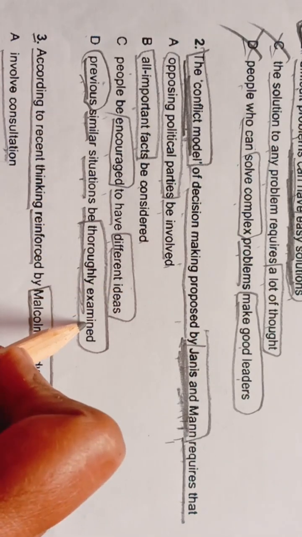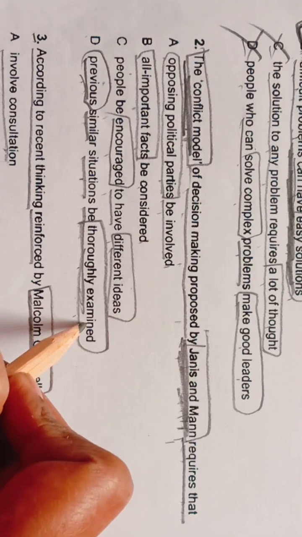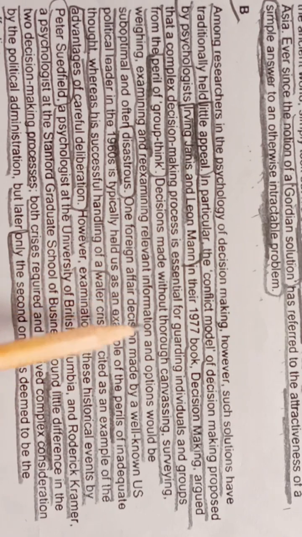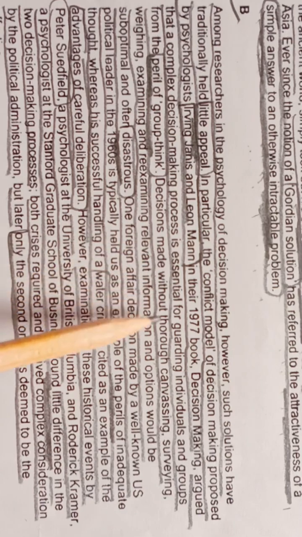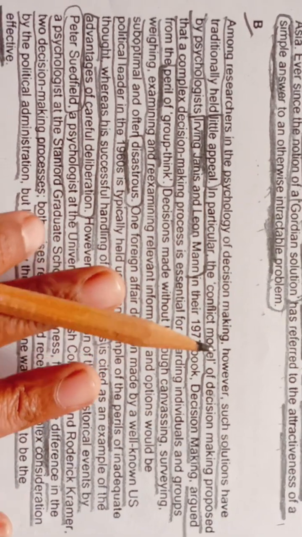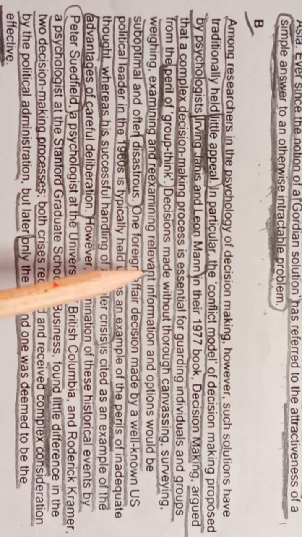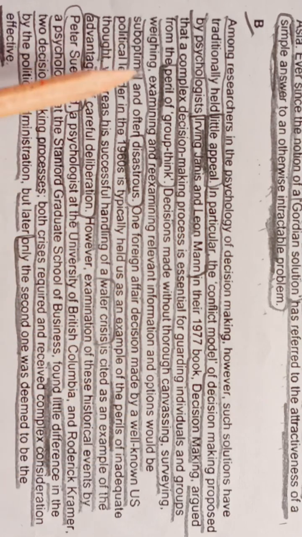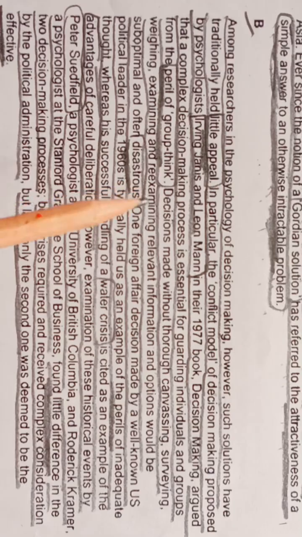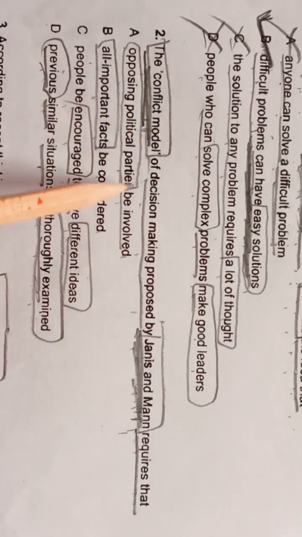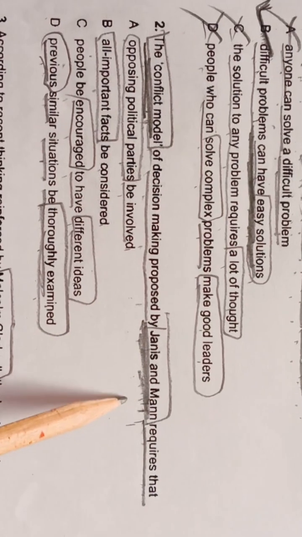But in these paragraphs, what they are saying is what things we have to do, and from here we are getting our answer. Decisions made without thorough canvassing, surveying, weighing, examining, re-examining relevant information and options would be suboptimal and often disastrous.